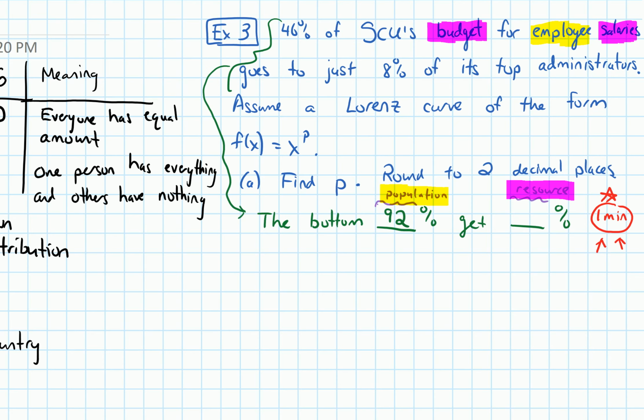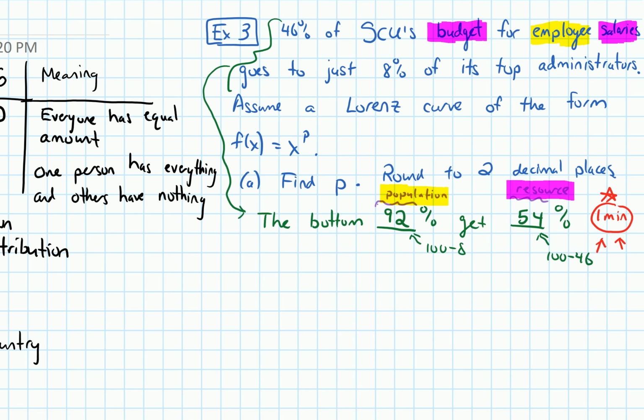Okay, and the bottom 92% would get how much of the resource? Well, if the top 8% got 46% of the budget, that means the bottom 92% would get 54%. Because this is coming from 100 minus 8, and the 54 is coming from 100 minus 46.